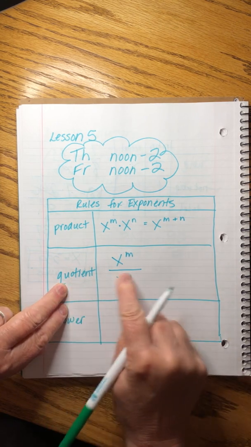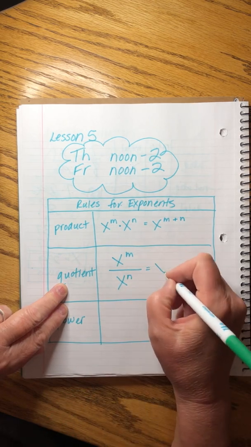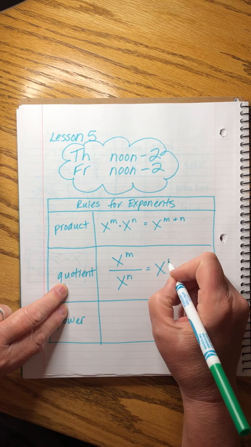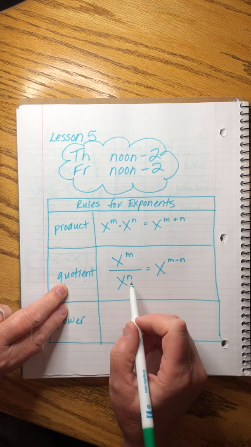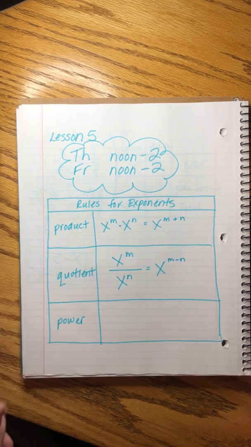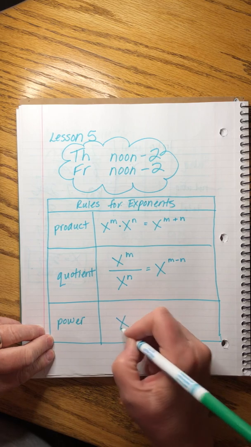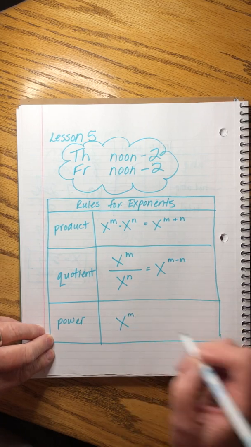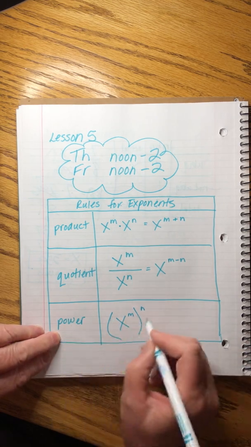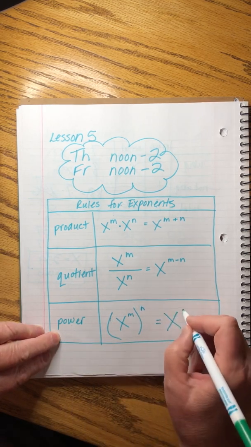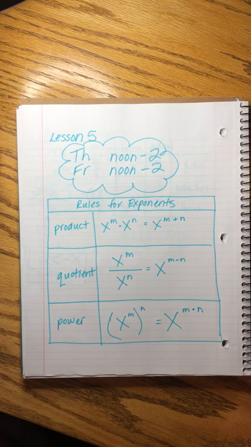Quotient is a dividing word. This signifies dividing. In these, again, matching bases, we subtract the exponent in the numerator minus the exponent in the denominator, okay? And then the power rule involves the situation where we have a base being raised to a power and we want to raise it to an even higher power, okay? That's what this is describing. And in this case, we multiply the exponents.